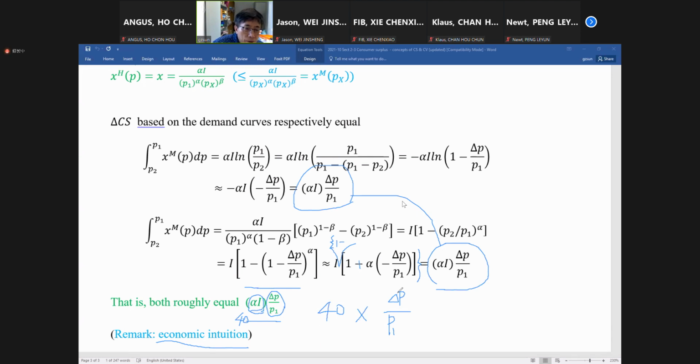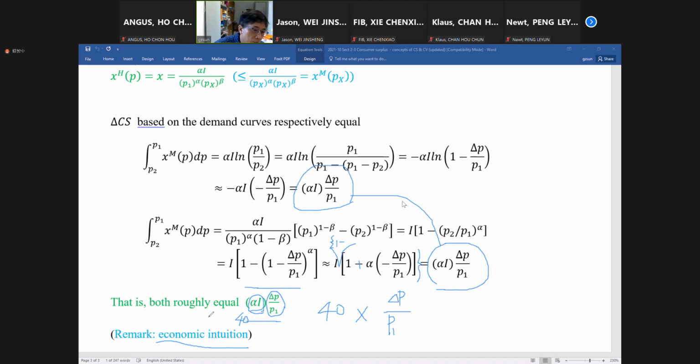This is the percentage change in price. And if I don't change anything at all, what's the meaning? The meaning is I can reduce my expenditure on April. How much money can I reduce? This must be this number. This is basically my benefit from the Macau government policy.